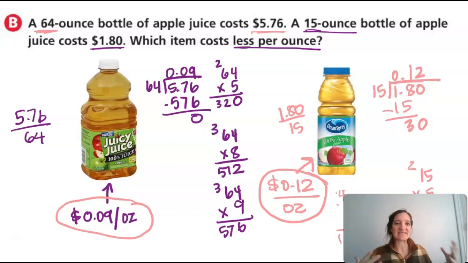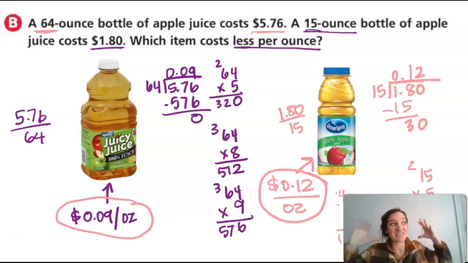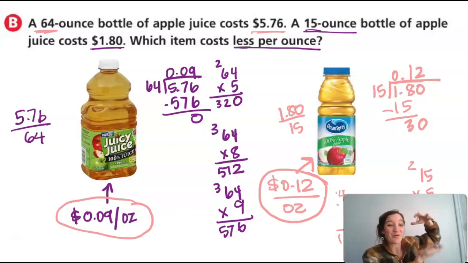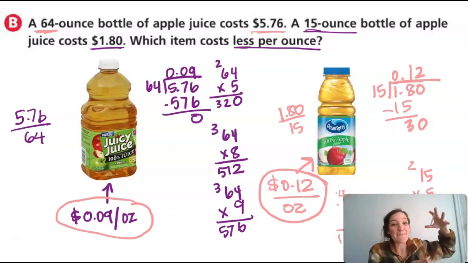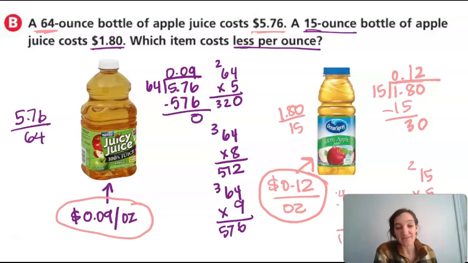That's why places like Sam's Club and Costco are so popular, because they have huge containers, right? Huge things of toilet paper or apple juice or something. But people like it because the unit rate is cheaper than what they can get at Ridley's or Walmart. So that is how I use unit rate at the store, is I can compare. I would probably get the bigger container of apple juice because it's cheaper per ounce than the smaller one.